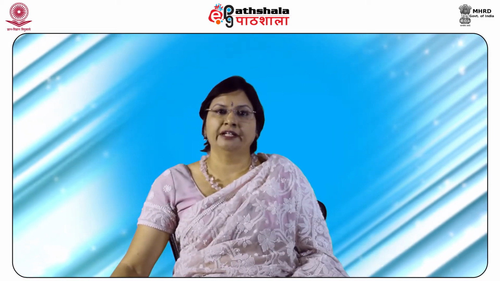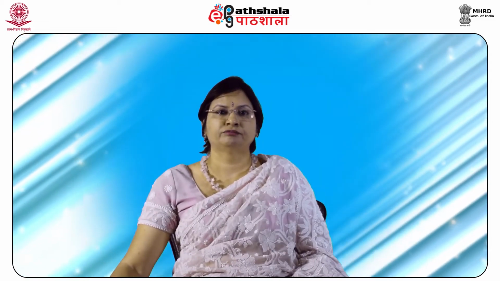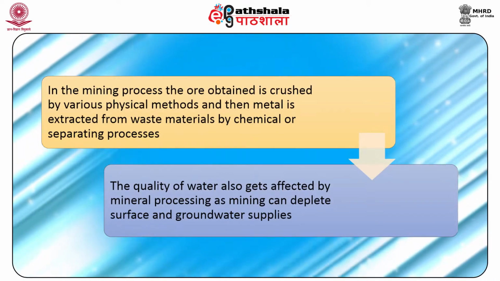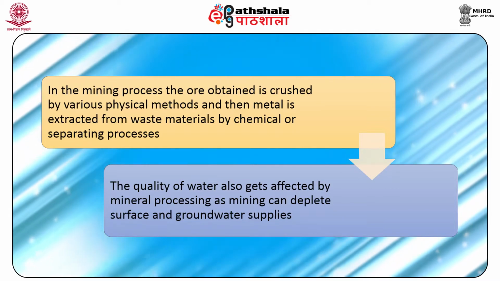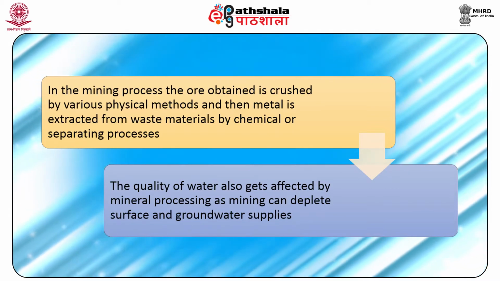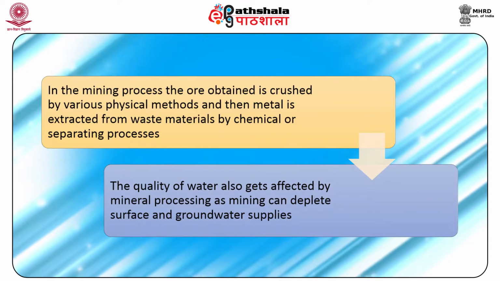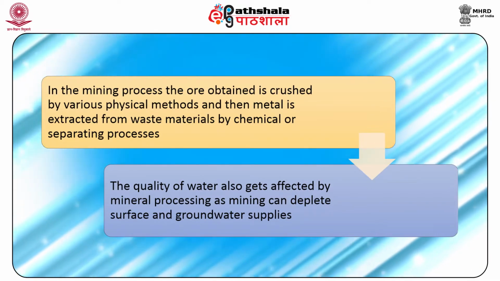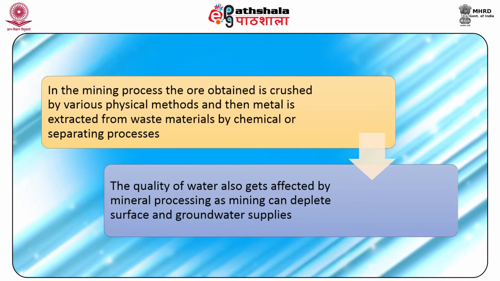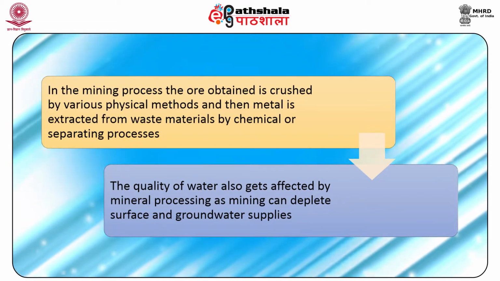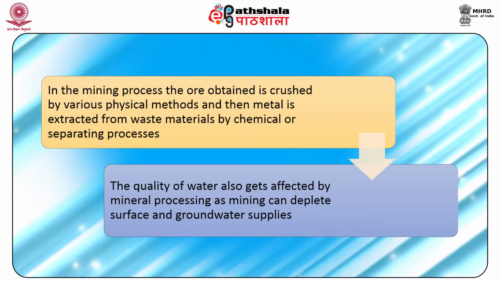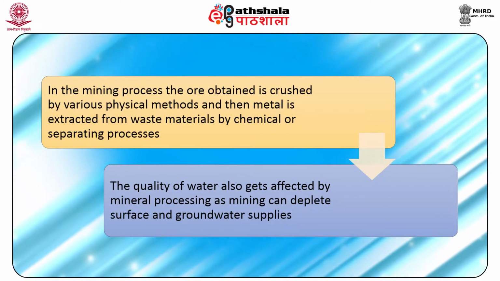Coming to the mining and water pollution. In the mining process, the ore obtained is crushed by various physical methods and then chemically or by several separating processes, the metal is extracted from waste materials. The quality of water is also affected by mineral processing as mining can deplete surface as well as groundwater supplies.